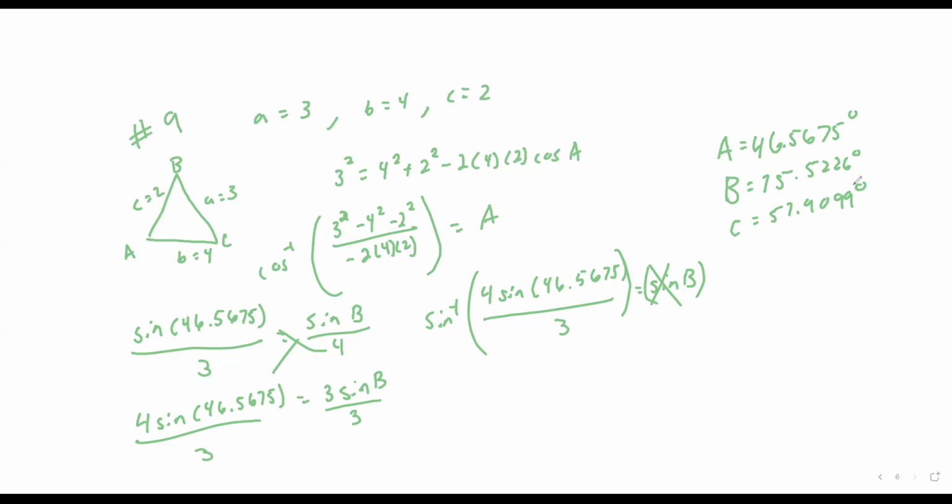Okay, let's see. So we got 4 times sine. You got 75.